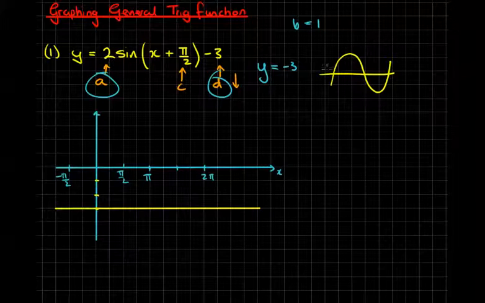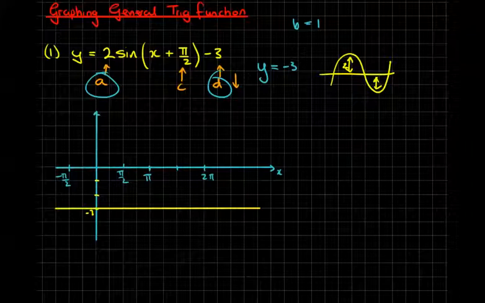Now, the amplitude is 2. That means each peak and each trough is going to be 2 units from the middle. So if I start at minus 3, then I need to go up 2 units, so I'll be at minus 1. And if I go below 2 units, that'll be minus 5.